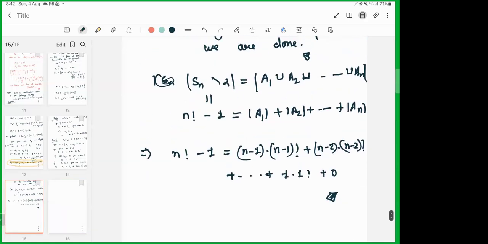So any doubt, anything in this problem? This is a good problem. Any doubt? No one?